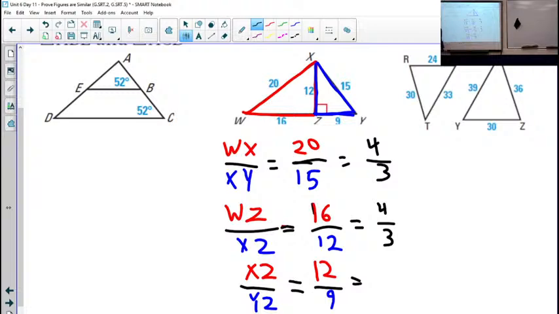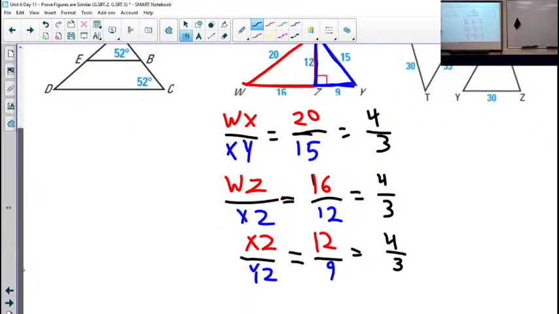So that's going to reduce to, those are both divisible by 3. 12 divided by 3 is 4. 9 divided by 3 is 3. Great news, they all reduce to 4/3. So therefore, these all reduce to the same thing.